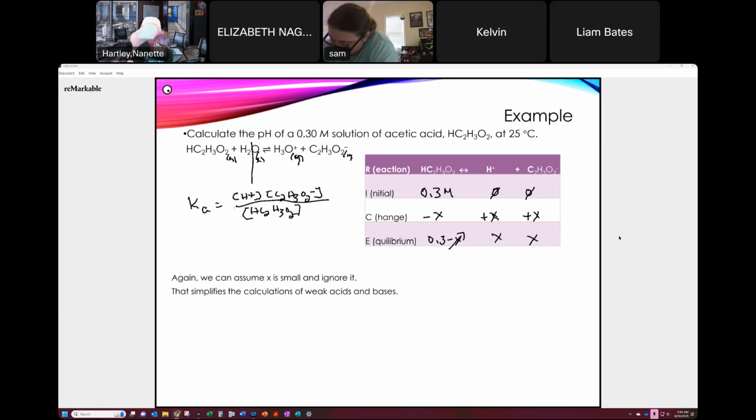In order for me to actually solve this, I need a value for Ka. Most people are like, well, okay, but I don't have that value. Well, actually, the acetic acid one, and I just want to verify that I remember it correctly, is on the exam handouts.